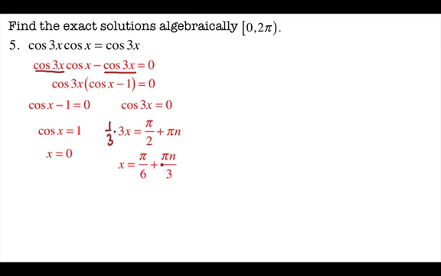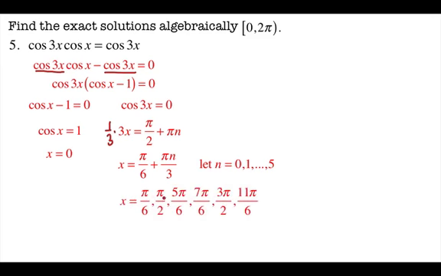Do I stop here? No, because I need to find all the restrictions between 0 and 2 pi. So I need to start plugging values for n, starting with n equals 0, all the way until I end up with something outside of this restriction, and after 5, I end up with something out of this restriction, so then I stop at 5.